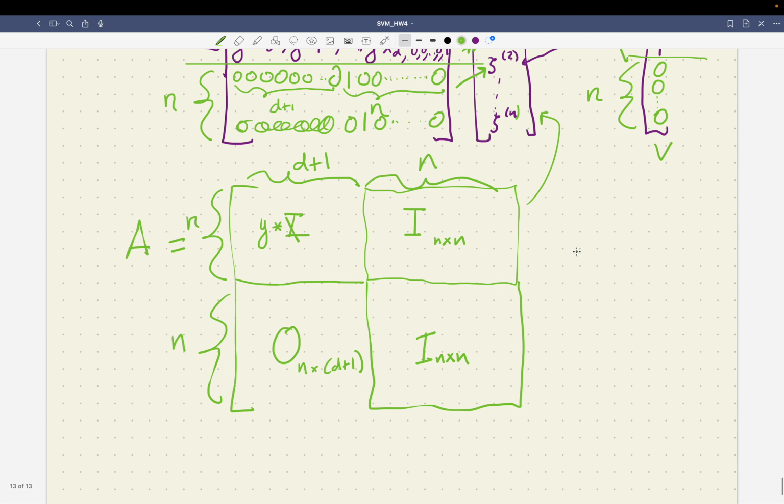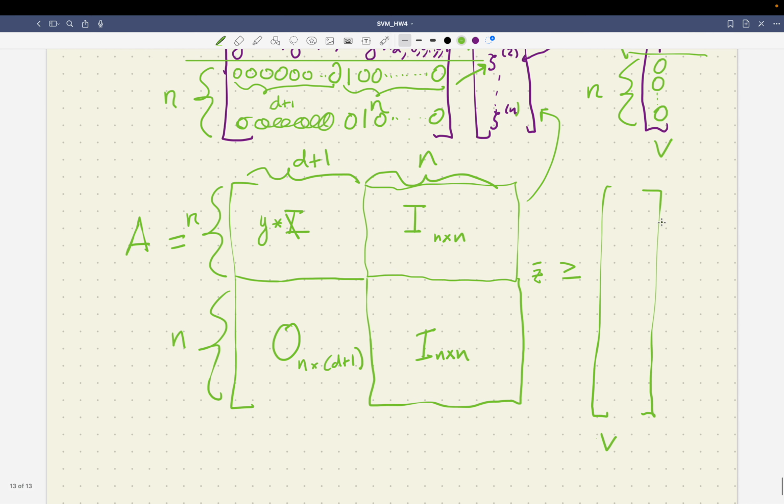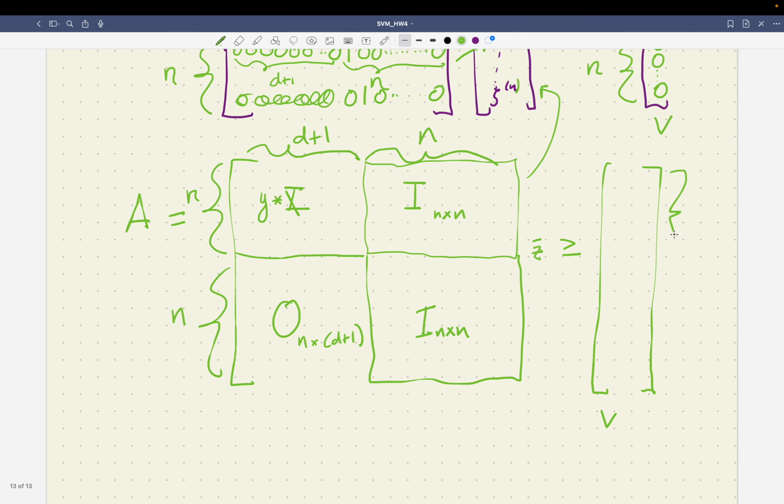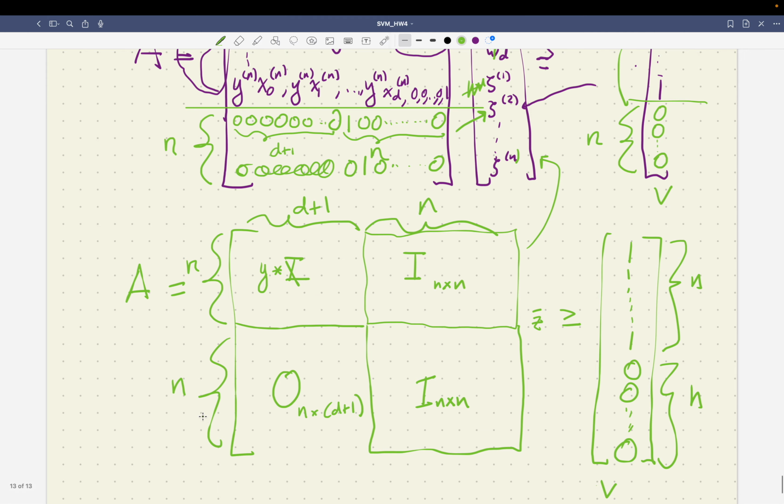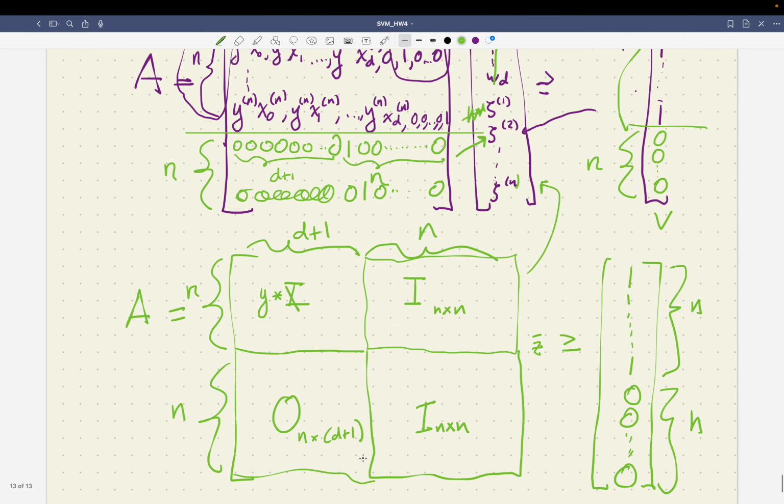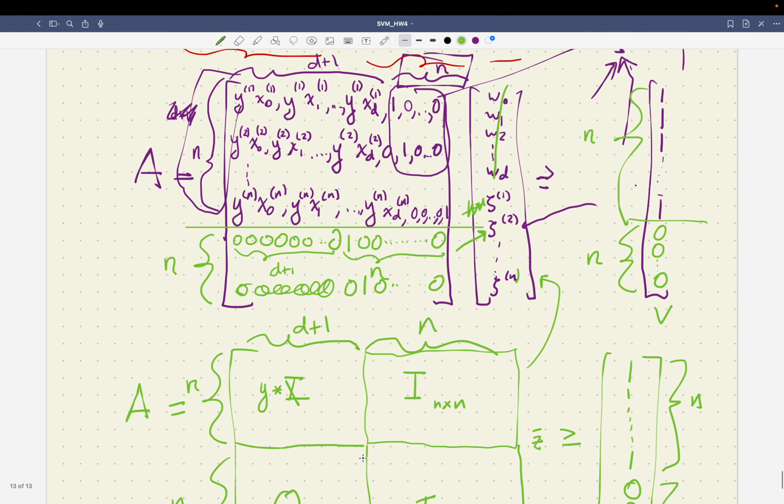And that's basically what A is going to be. Then we're going to multiply that times z, and this is going to be greater than or equal to this vector v. And what is v going to be? v is going to be n ones, and it's going to be n zeros. Okay, and that should do it. So now you just have to turn that into the code for the quadprog.